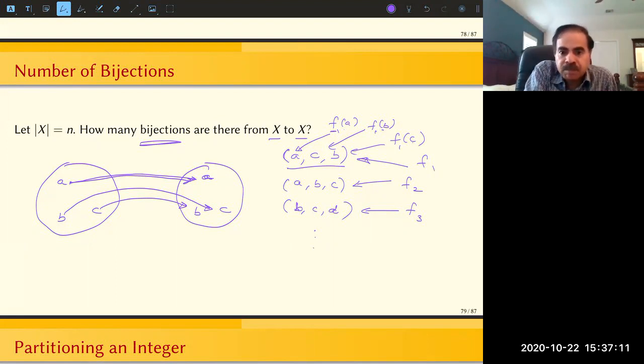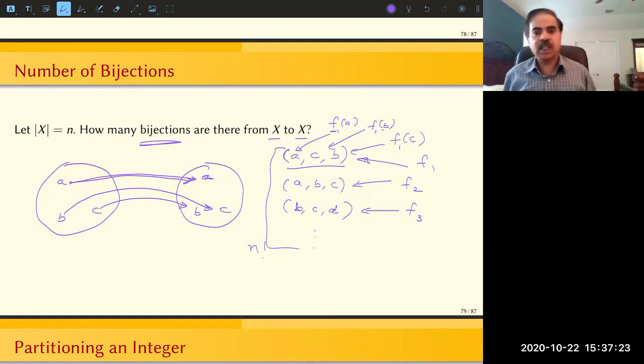So this gives you n factorial. Because how many such sequences are there? Every sequence taken from this set corresponds to a separate function.